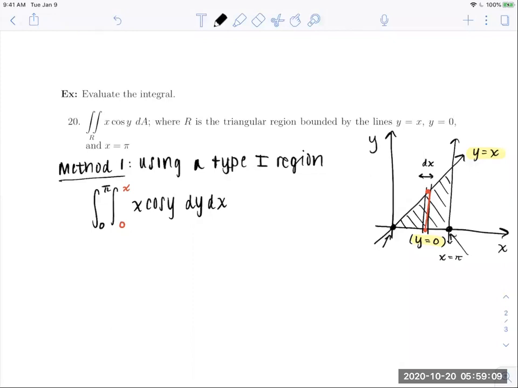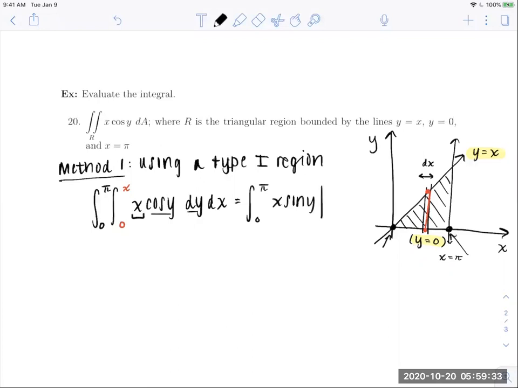Now we just need to carry out the actual integration. X is going to be considered a constant in this first integral iteration, and so we need only integrate cosine of y, which integrates to sine of y. So I'm going to copy my outer integral from 0 to pi. X just tags along. The integral of cosine is sine.